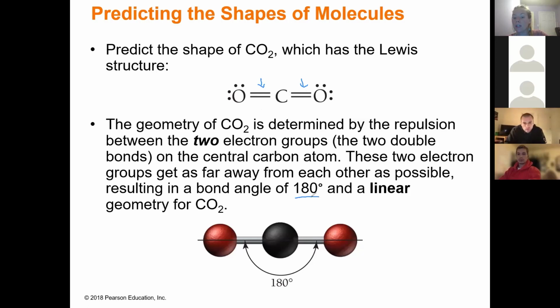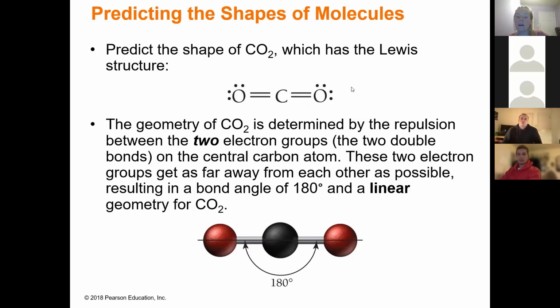Well, they can get 180 degrees away from each other. So the structure that you get when you have two electron groups on the central atom is called linear. Linear because it makes a line, right? Does that make sense? If I had a ball or a ring in the center and I had two ropes and the ropes wanted to get as far away from each other as they can, it would be 180 degrees. So we get a linear structure.